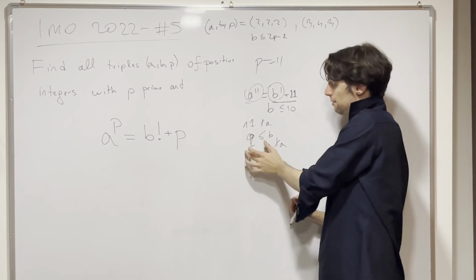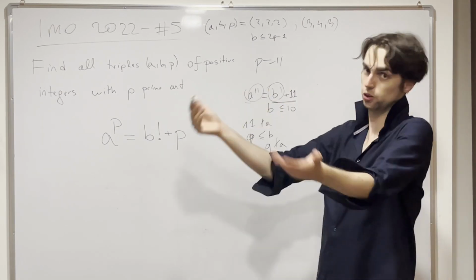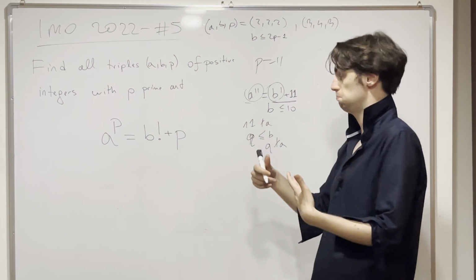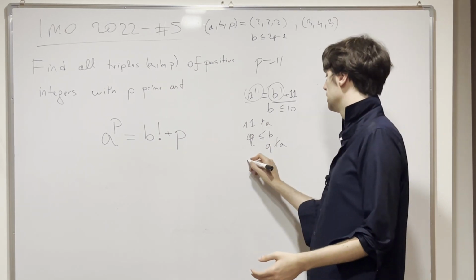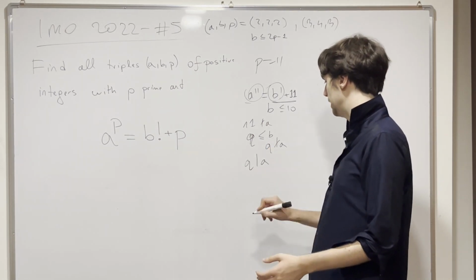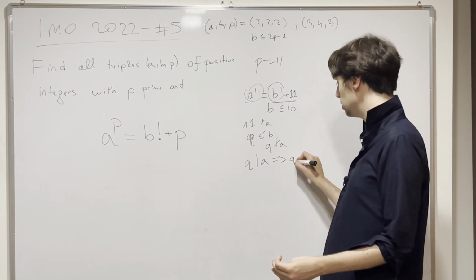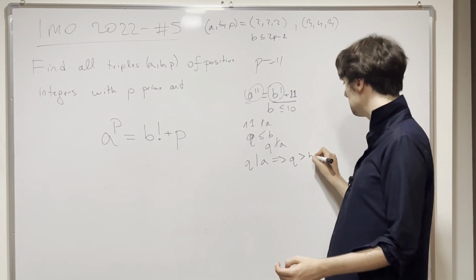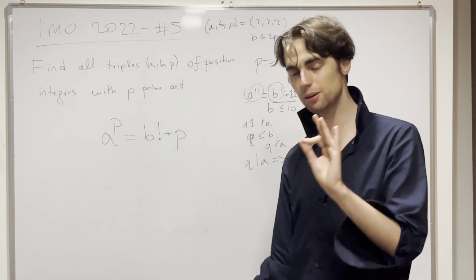A is going to have some prime factors, because it's bigger than 1. So if a prime Q divides A, this implies that Q is strictly greater than B.